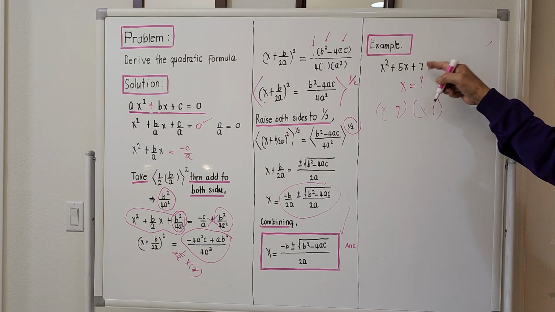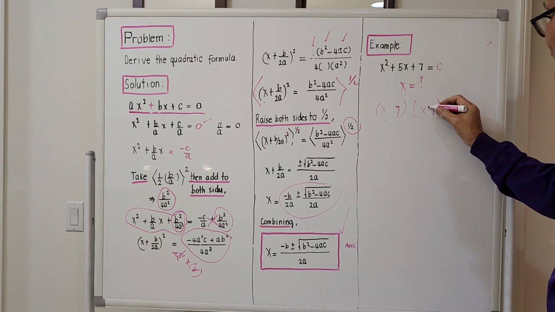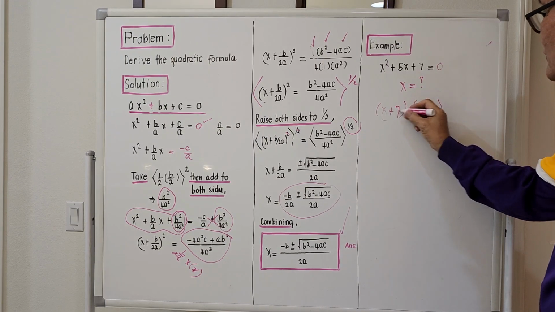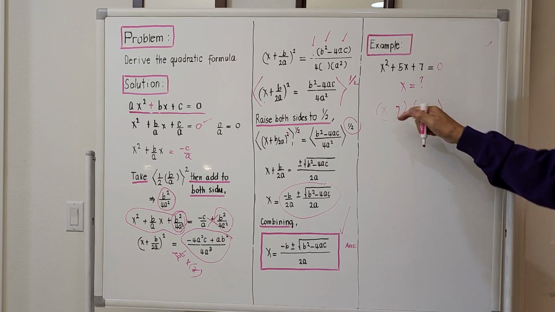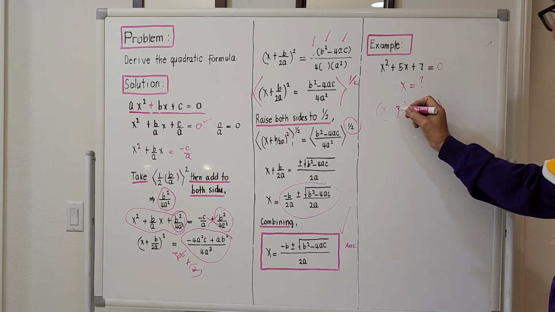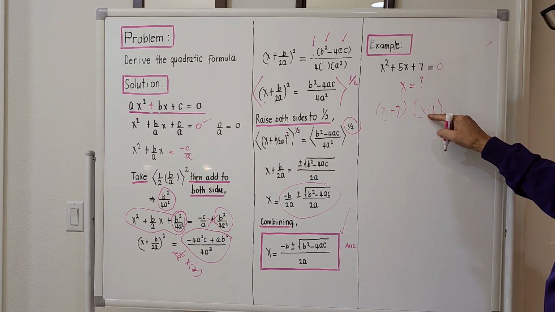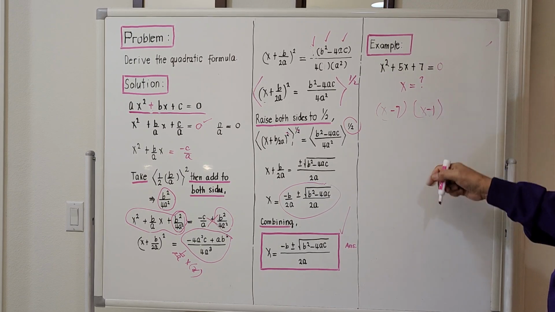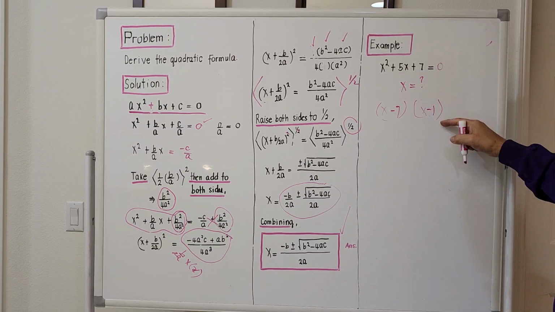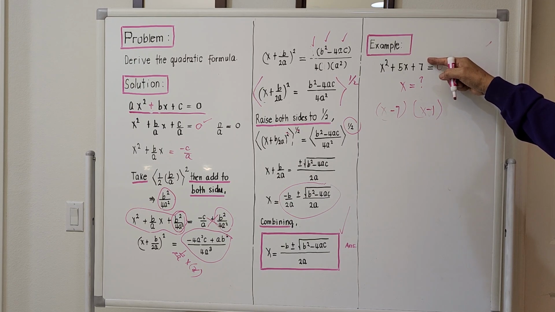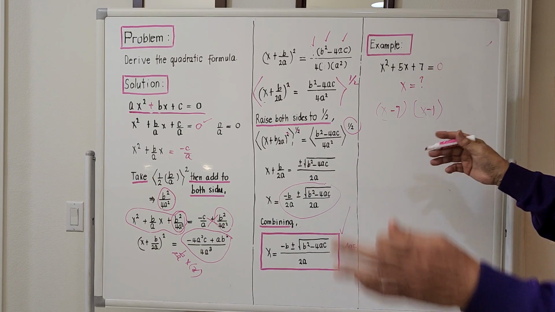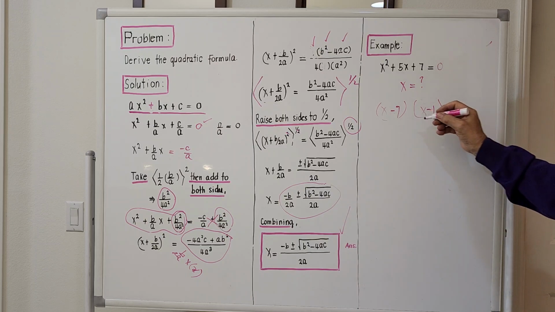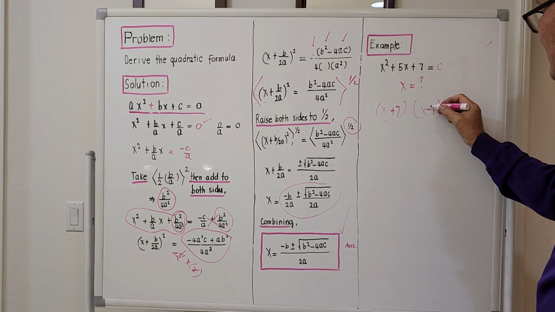Since this is 7, it's a must that both should be plus for it to be 7, right? Or it's possible also for it to be negative 7 and negative 1, because the product of negative 7 times negative 1 is plus 7. But since the middle term is plus, obviously the signs of 7 and 1 are both plus.